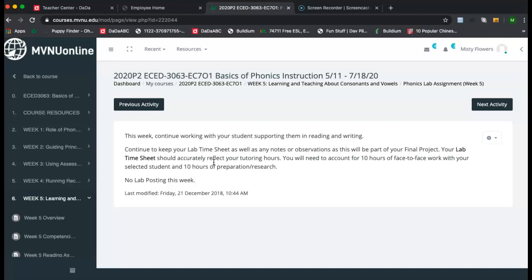I can help you with those activities to give you some ideas. You've given the assessments. Okay, so we want to take that information to drive your instruction. How are you going to help those children learn more letters or more sounds in words? If you have any questions, please let me know.